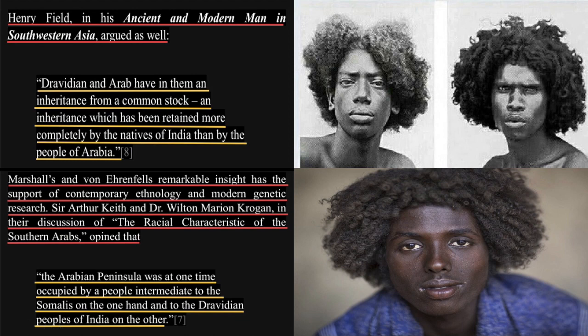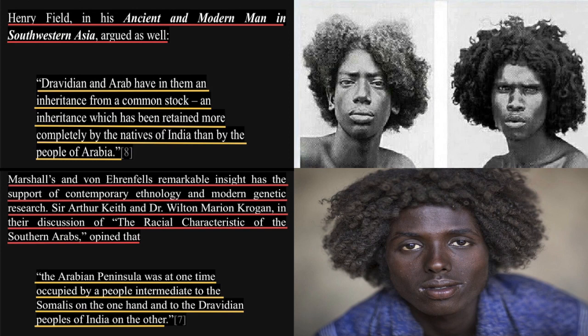And then you have Marshall's and Van Verveel's remarkable insight, which has the support of contemporary ethology and modern genetic research. Sir Arthur Keith and Dr. Wilton Moran Corgan, in their discussion of the racial characteristics of the southern Arabs, write: the Arabian Peninsula was at one time occupied by people intermediate to the Somalis on one hand and to the Dravidians of India on the other hand.